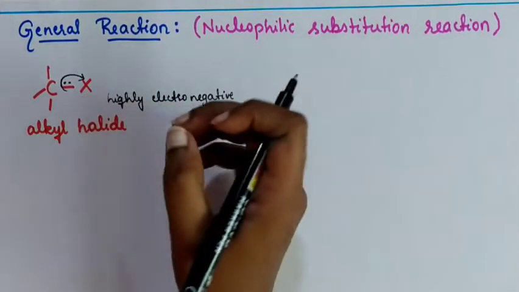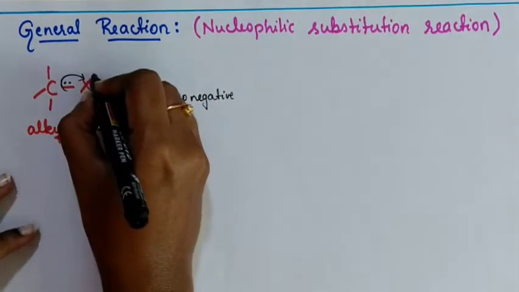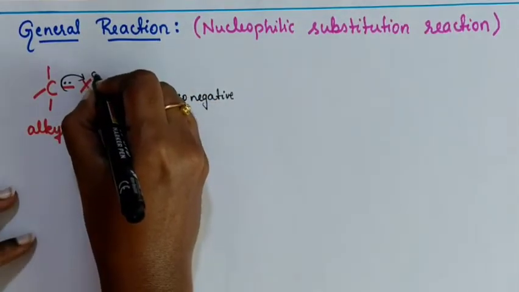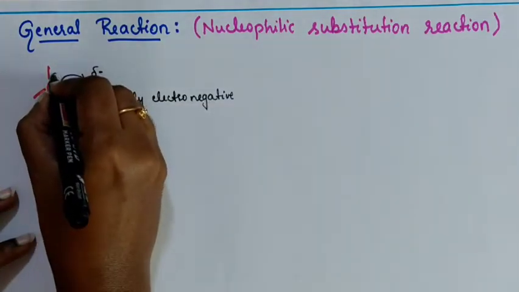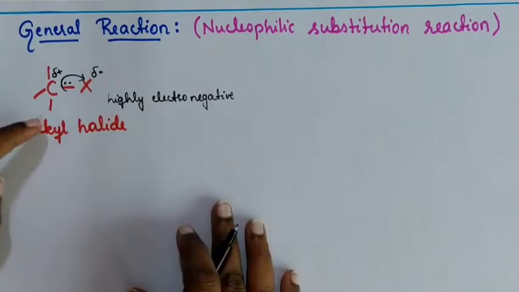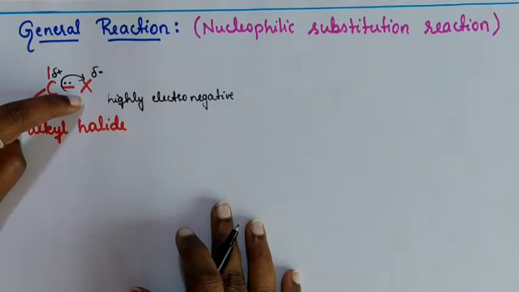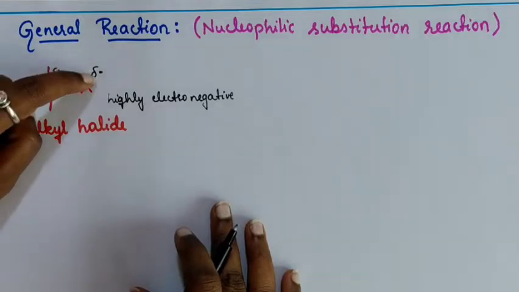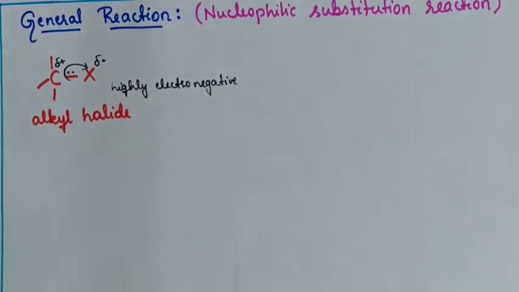Since the halogen pulls the electrons towards itself, it is going to be rich in electrons, so it will get a partial negative charge, and the carbon will get a partial positive charge. So in alkyl halide, carbon will have a partial positive charge and halogen will have a partial negative charge. With this idea, now let us write the reaction.